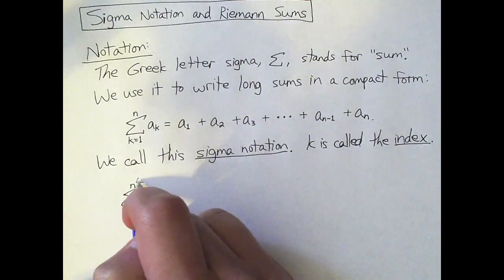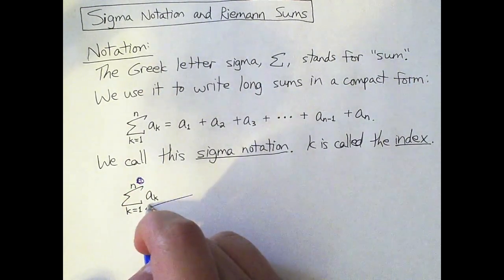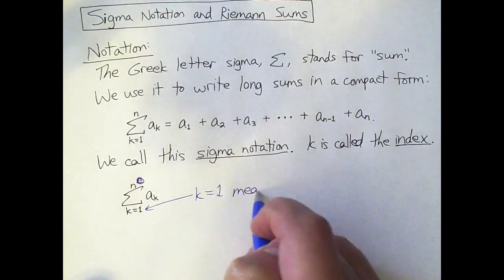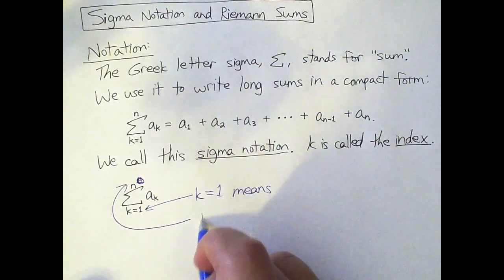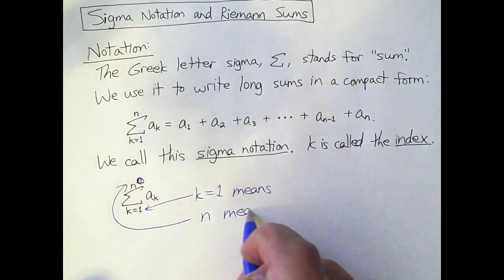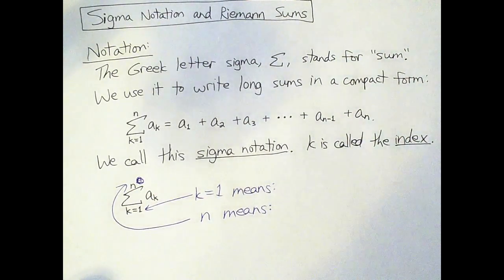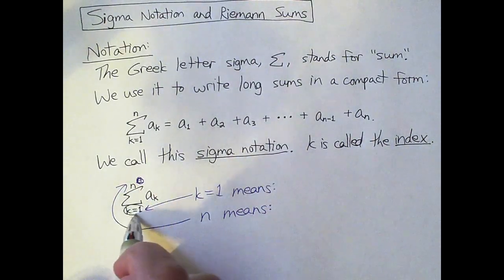Which one should we talk about first, actually? I kind of want to talk about the k equals 1 first. So the k equals 1 on the bottom is usually what I sort of look at first.